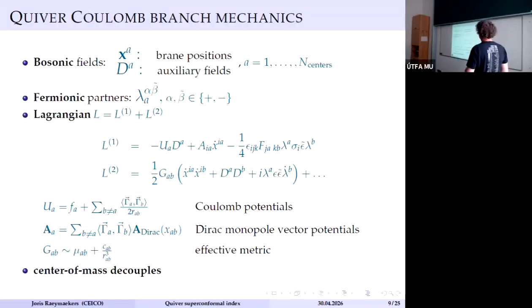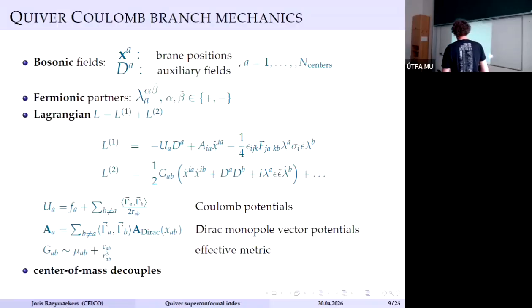And there are also for each center fermionic partners, which I label with two doublet indices. Later I will explain that there are two SU(2)s in the game, so they transform under two SU(2)s in the theory.